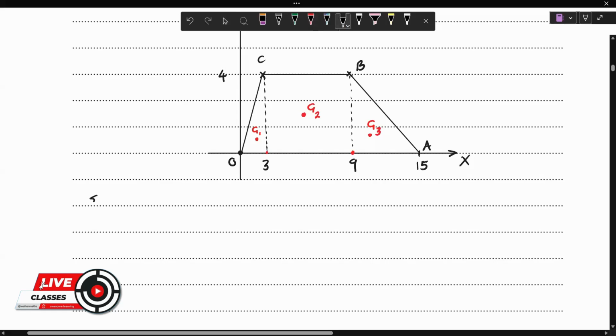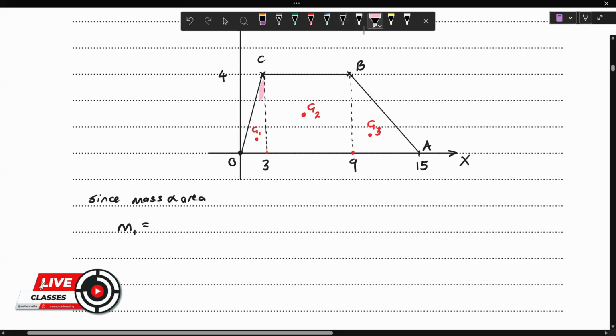Now we are going to use the fact that mass is proportional to area. We don't know what the mass of each lamina is, so we're going to make use of the area to represent the mass. So M1 would be equivalent to the area of that first lamina.